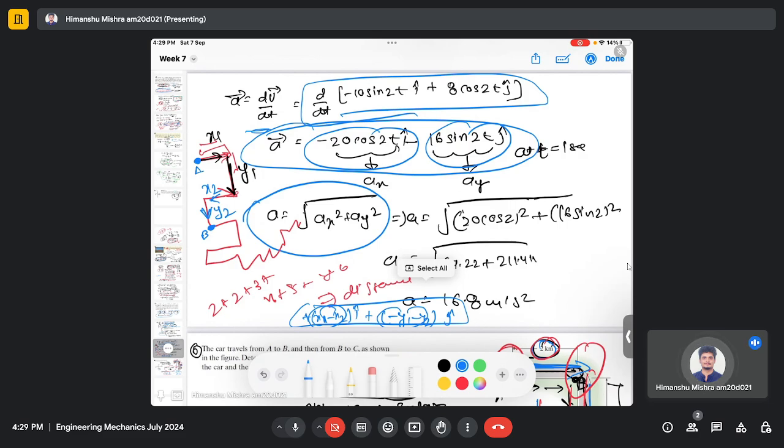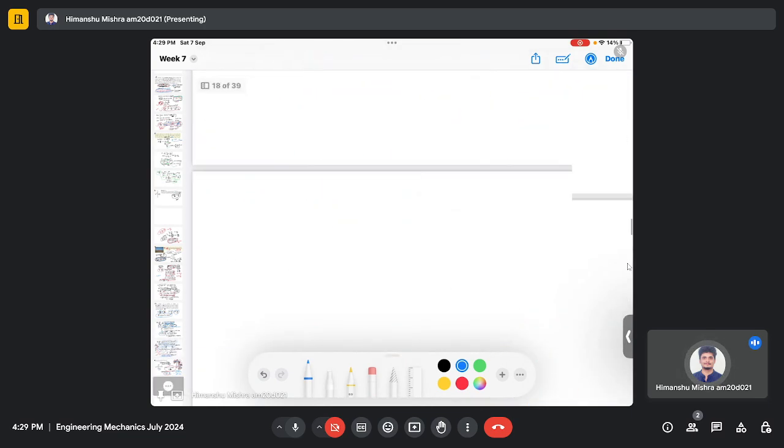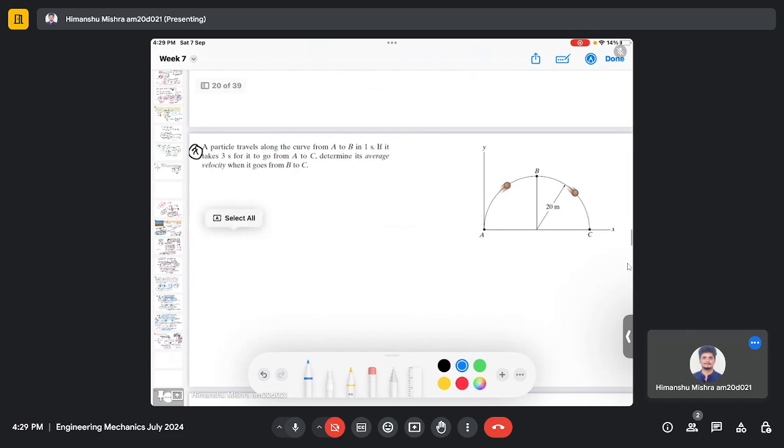So we can use this concept to solve one easy problem here. A particle travels along the curve A to B in 1 second.